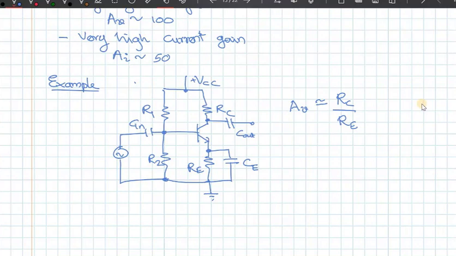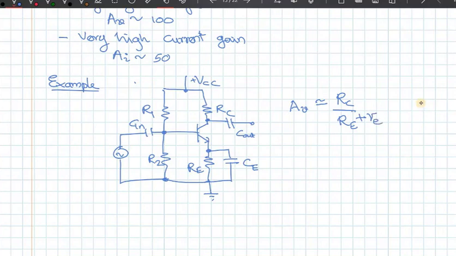Typically it is in the range of maybe 50 or 100 ohms, which is a very small value, so it's called emitter spread resistance or dynamic emitter resistance. We need to add that also into this expression.